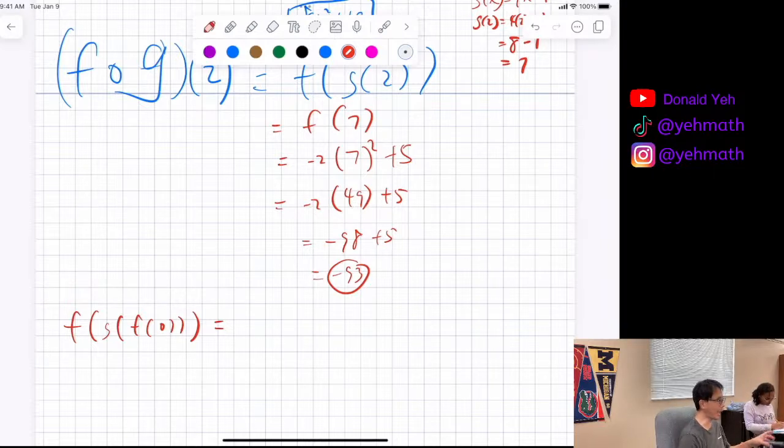If you read it really fast, what is it? So I can start from 0 inside. What is f of 0? 5. So I'm going to start from inside because I plug in f of 0. f of 0 is negative 2 times 0 squared plus 5, right? So that's going to be f of g of 5. Does that make sense?